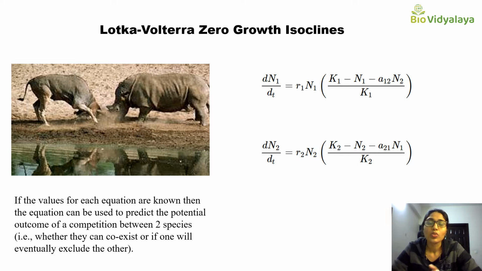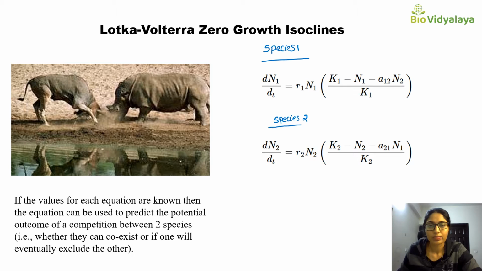So we can predict the outcome of competition between two organisms with the help of the Lotka Volterra equation. So these are the Lotka Volterra equations. We already studied that. This is for species 1 and this is for species 2.